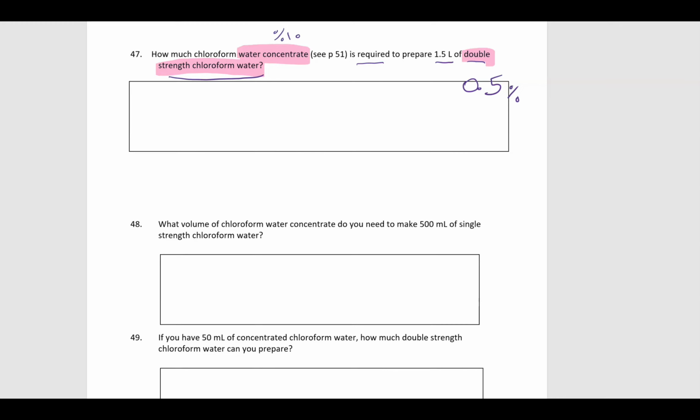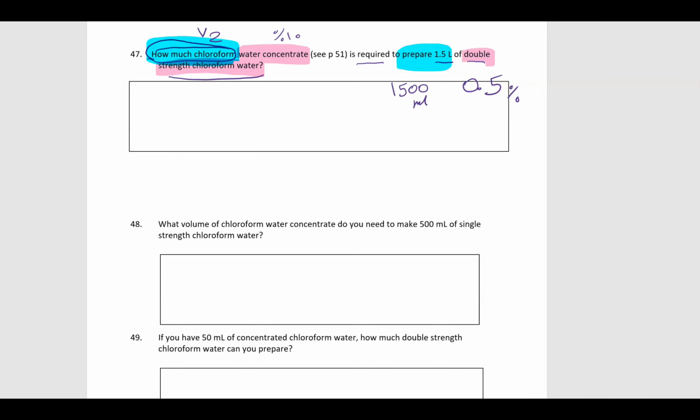We also have volume, which is 1.5 liter, equal to 1,500 milliliter, and the question asks you about how much chloroform. That's its volume we are looking for to find.